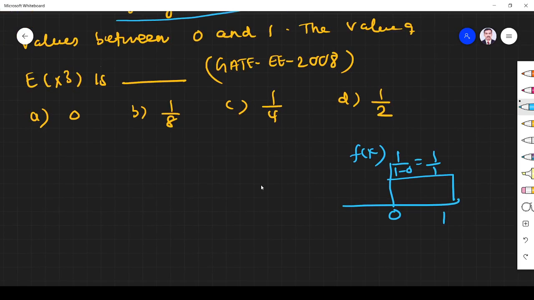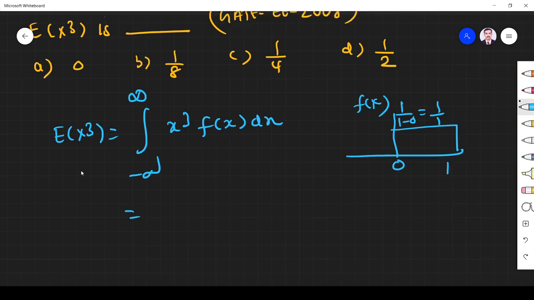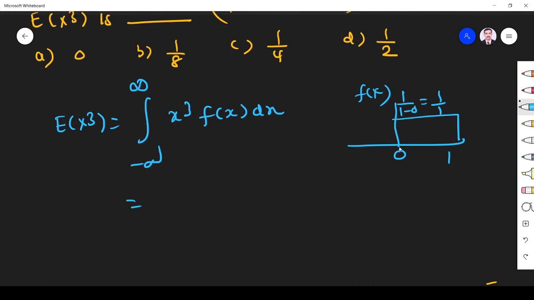So what is the value of E of x cube? E of x cube is given by the integral from minus infinity to plus infinity of x cube into f of x dx, right? But here x varies between 0 and 1.